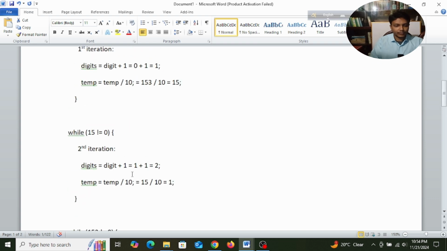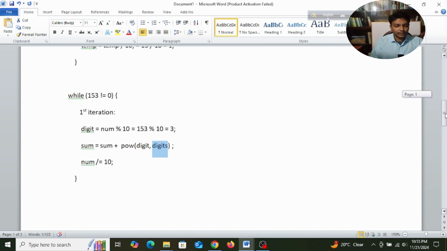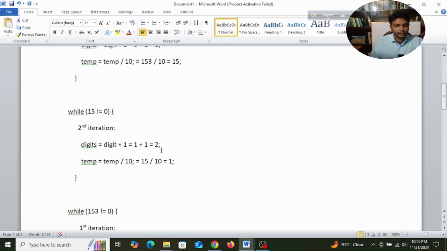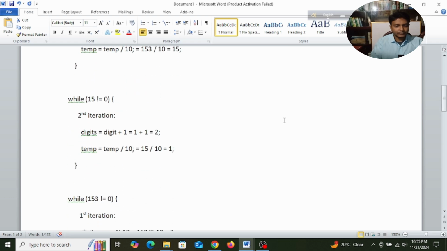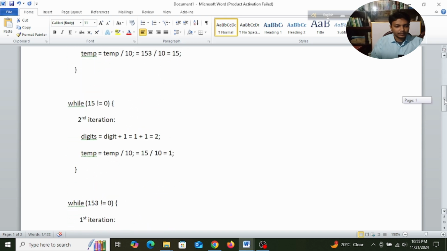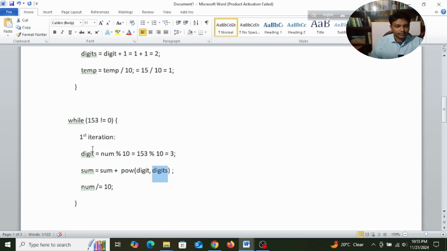And what is this digit? When we finished the previous while loop, we got digit equals 3, right? We got 3 for the second iteration.